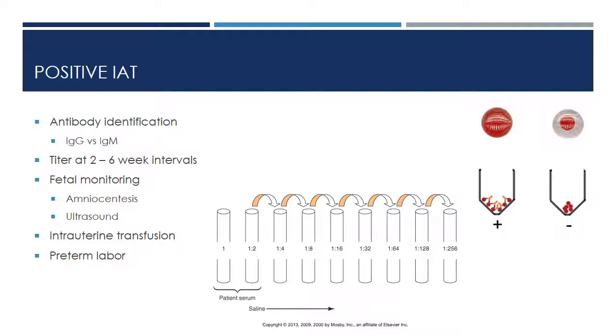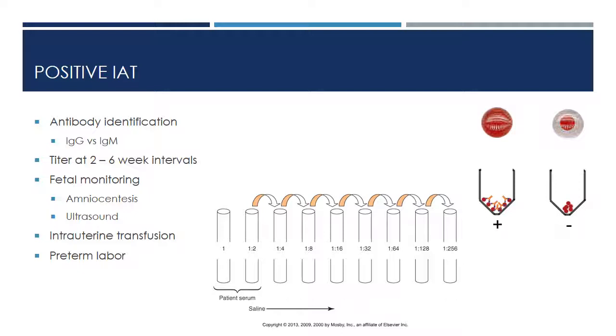Now, amniocentesis, if you are collecting a specimen, what you're looking for is bilirubin here. What's the bilirubin content of the amniotic fluid? Remember that the change in optical density that we're looking at is at the baseline of 450 nanometers for bilirubin. Okay, you did this in chemistry lab, I believe.